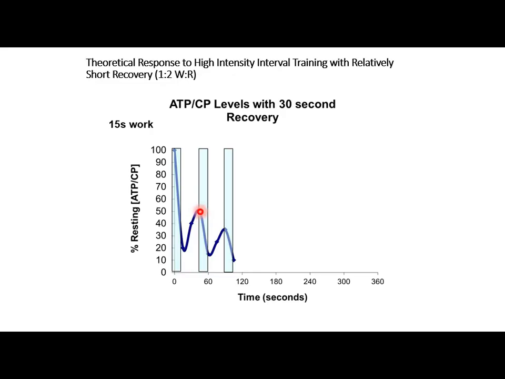And of course, we need optimal levels of intramuscular creatine phosphate in order to resynthesize ATP for this next high-intensity sprint. So I would theorize that the second and third sprint, performance-wise, is a lot worse than it was in the 1-to-6 work-to-rest ratio regimen.